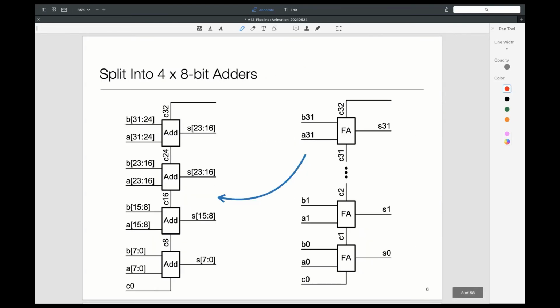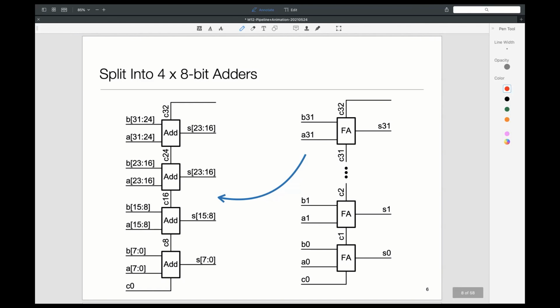Well, what I could do is divvy it up into 4 groups of 8-bit adders. My original adder is 32-bit. I'm just going to walk you through a design. I'm going to cluster together groups of 8 bits, so it will look like this.